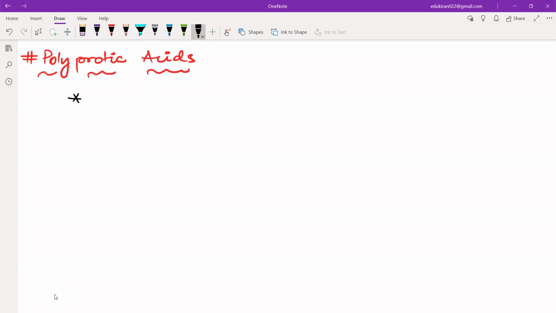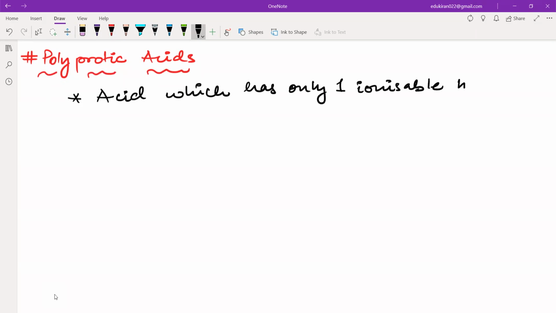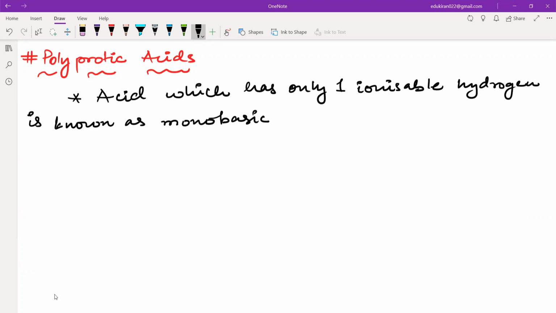So if you have an acid which has only one ionizable hydrogen, it is known as monobasic or monoprotic. Monobasic basically means it can handle 1 mole of base.